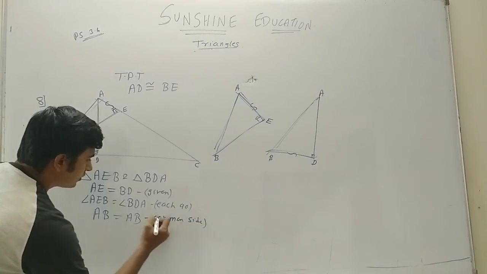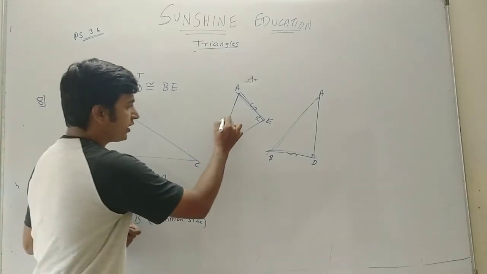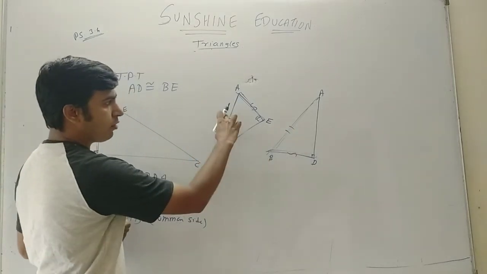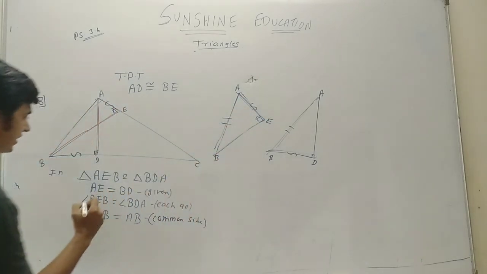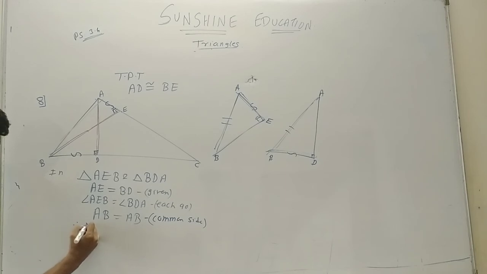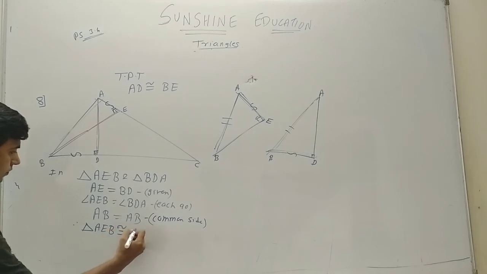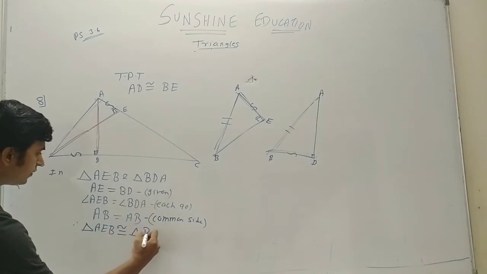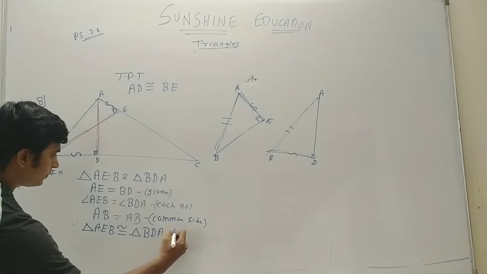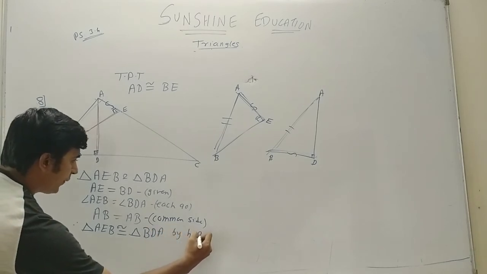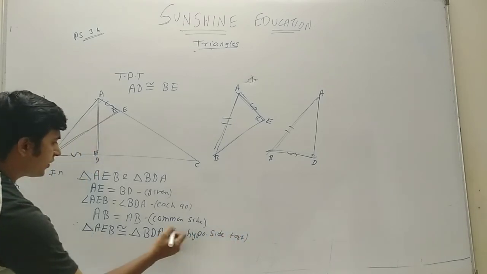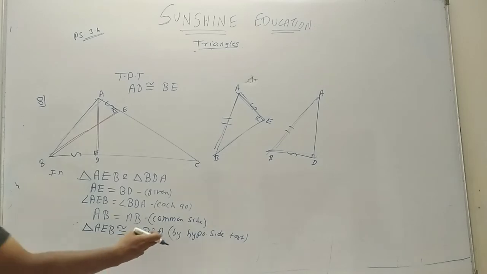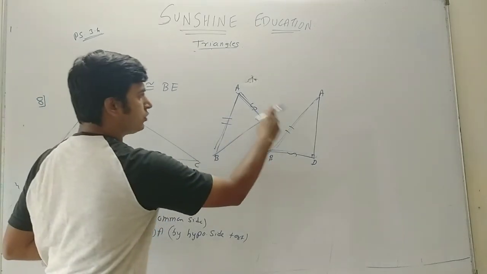Now pay attention. AB and AB was the hypotenuse. We have the hypotenuse, we have a side, and we have 90 degrees. So we can say that triangle AEB is congruent to triangle BDA by the hypotenuse side test. We have already seen in the previous exercise how the hypotenuse side test is used. We should have the hypotenuse and one of the other sides.